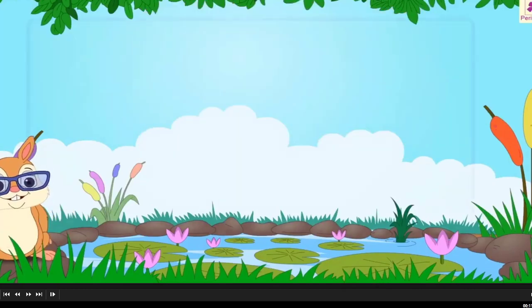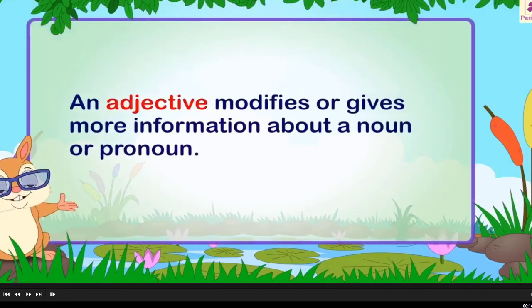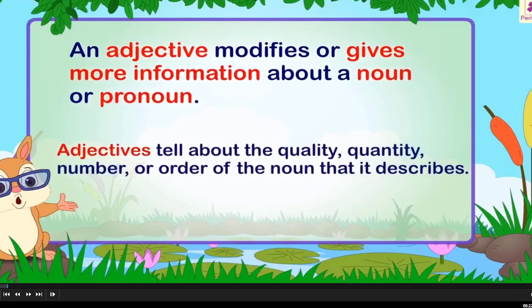Adjectives. An adjective modifies or gives more information about a noun or pronoun. It tells about the quality, quantity, number, or order of the noun that it describes.